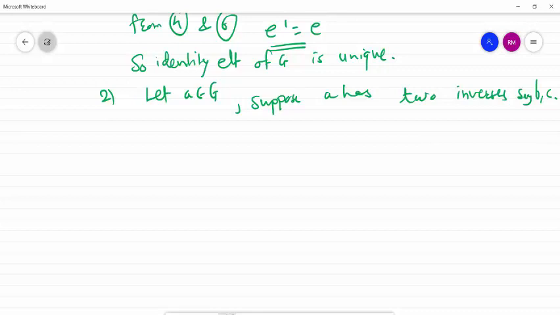B is called the inverse of A if AB equal to E equal to BA, by the definition of inverse.